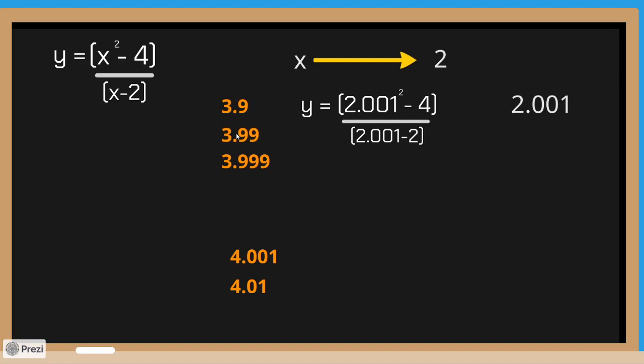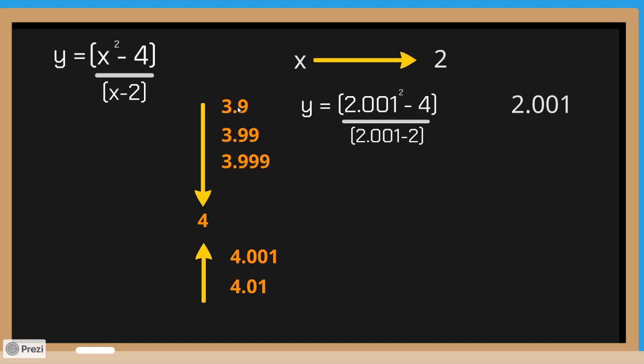What do you see here? When I go to 2 from the left side, 3.9, 3.99 and 3.999 are getting closer and closer to some value, right? And from the right side, 4.01, 4.001, that is also going closer to some value. And what value is that? 4.